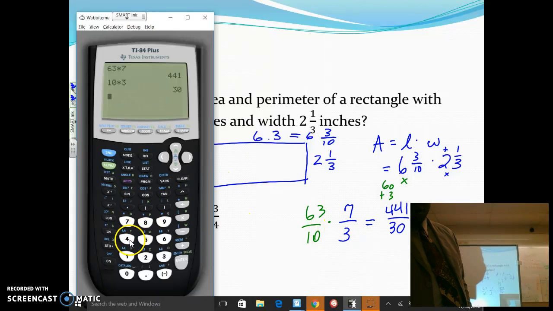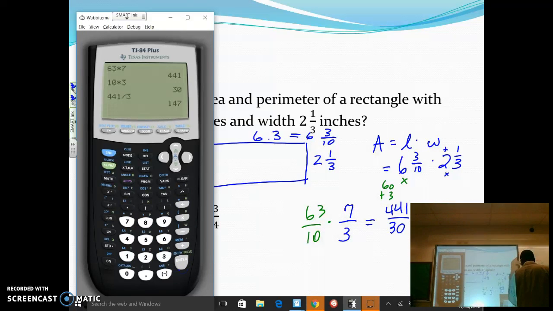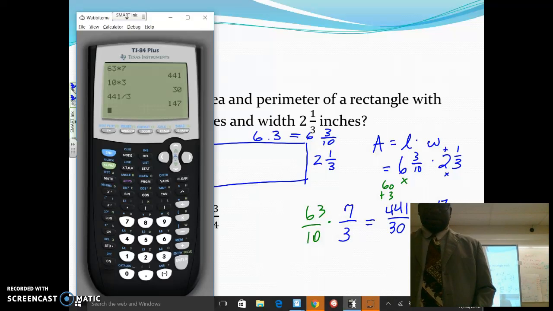If we divide 441 by 3, that gives us 147. So this is 147 over 10, which is equal to 14.7. All right? So 14.7 square inches for the area.